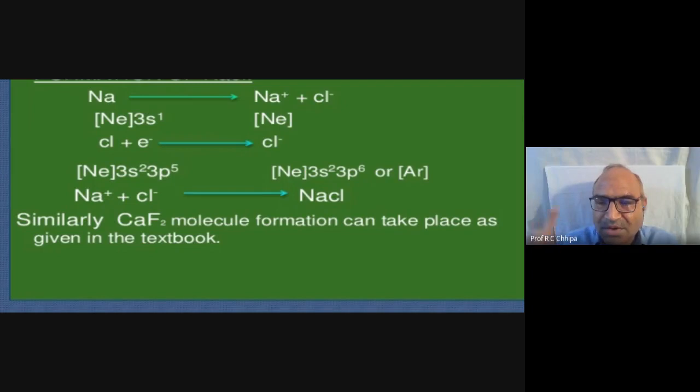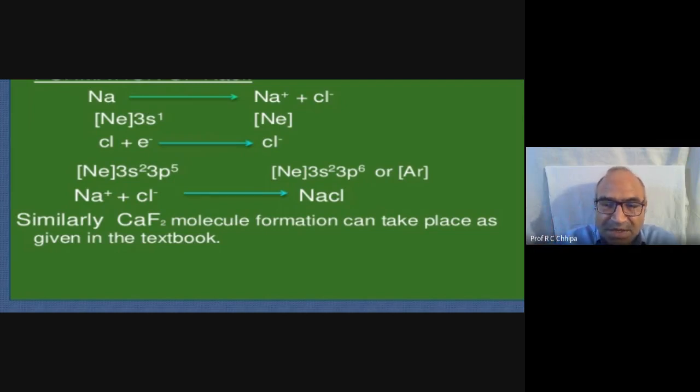So ionic bond, this is one type. Ionic bonds are formed because of electron transfer. Electrons are completely transferred from one element, which forms the cation, and the other element completely accepts the electron and we get the anion.